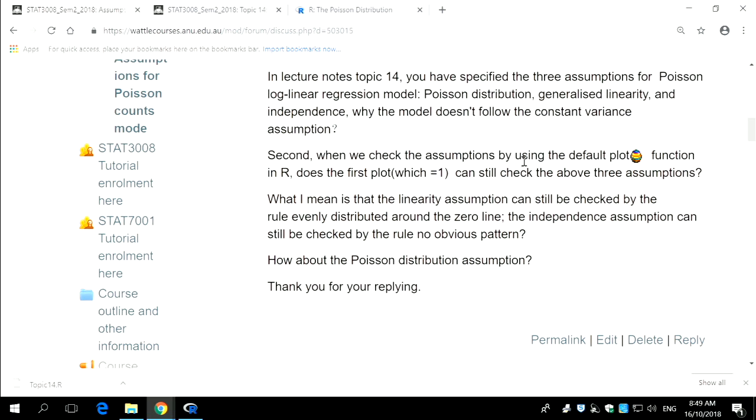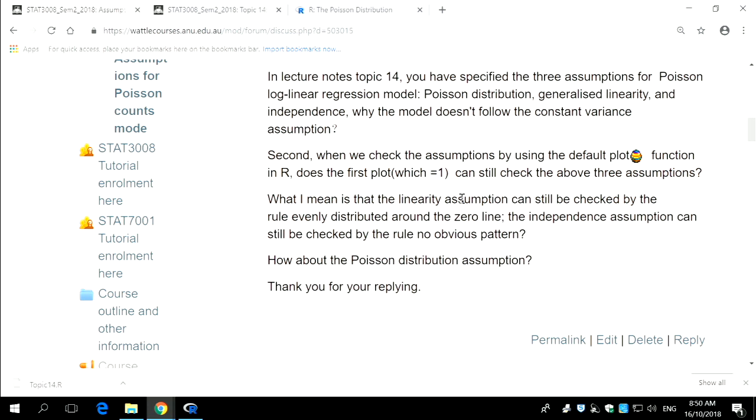And the student suggests using this plot, which is something I haven't talked about, but I will briefly mention later in the course. So can we use that to check these three assumptions? That's the first question.